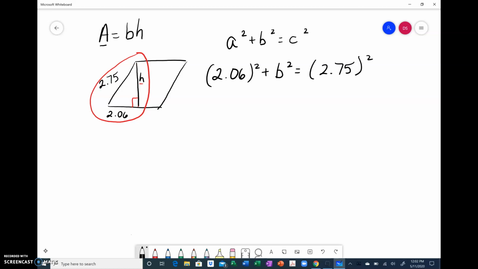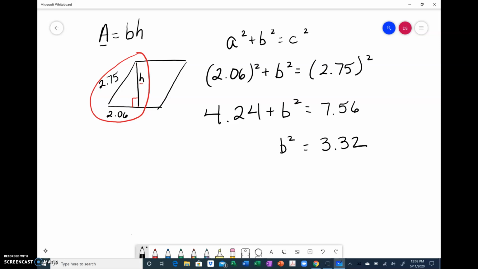All right, so moving over to my calculator, I get to use it too, see? 2.06 times 2.06 is 4.24, plus B squared equals 2.75 times 2.75, 7.56, which I will then subtract from that 4.24, and I will get approximately, I rounded at one point, you might not have, 3.32.